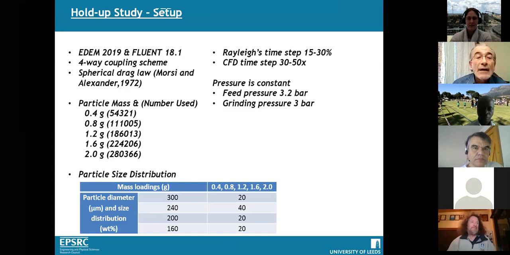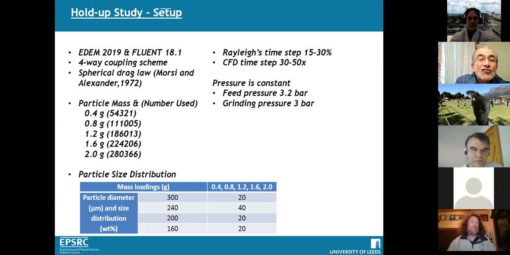So for DEM, the discrete element side, we have four-way coupling, and this is very important because particles near the wall are in dense space because they are under a centrifugal field. But eventually the fluid takes them to the middle of the mill, and then you have a lean phase.